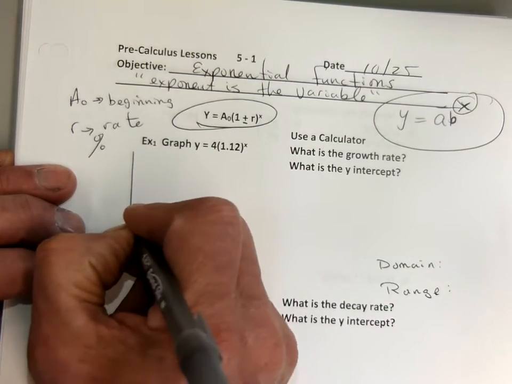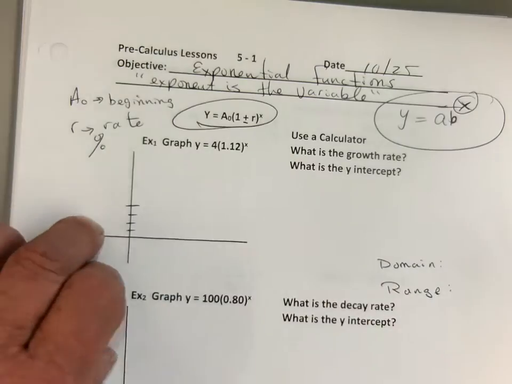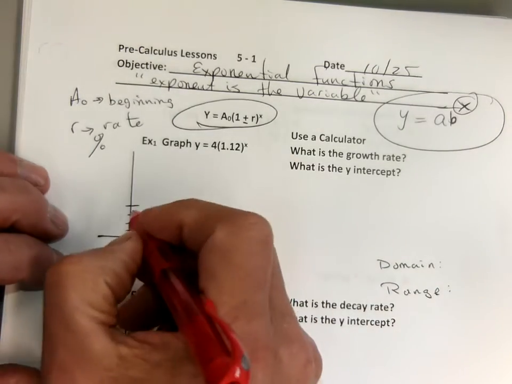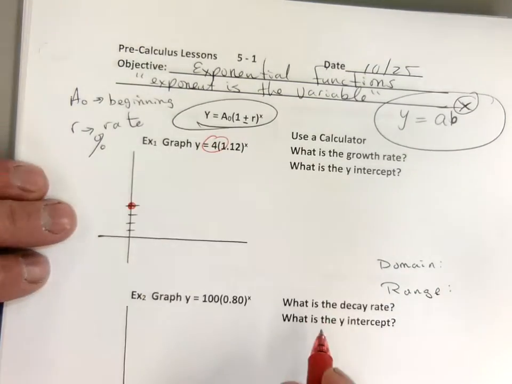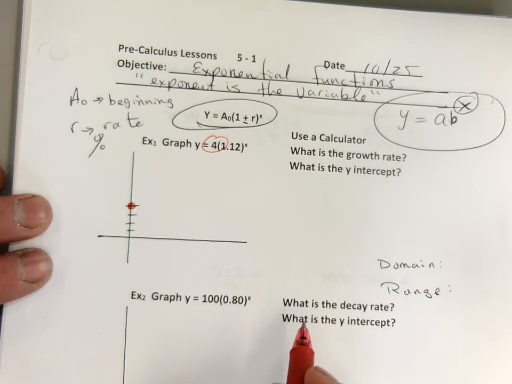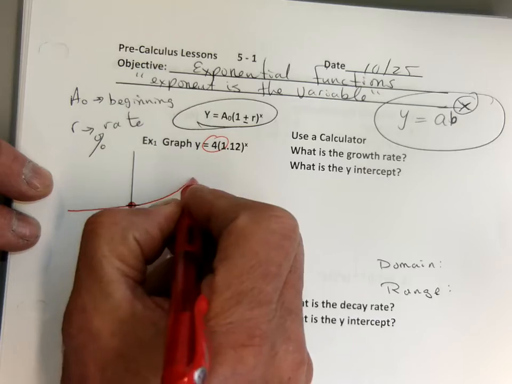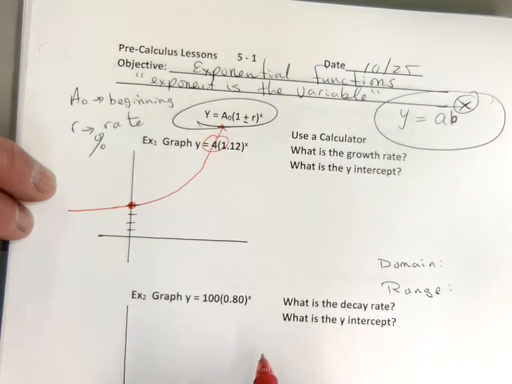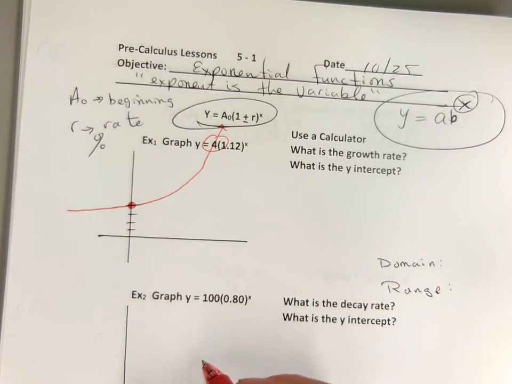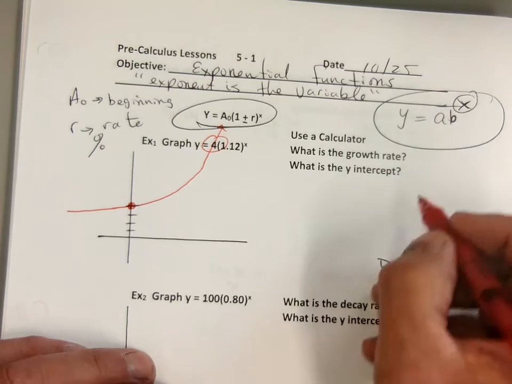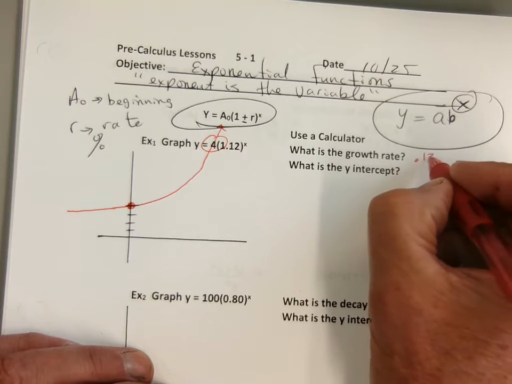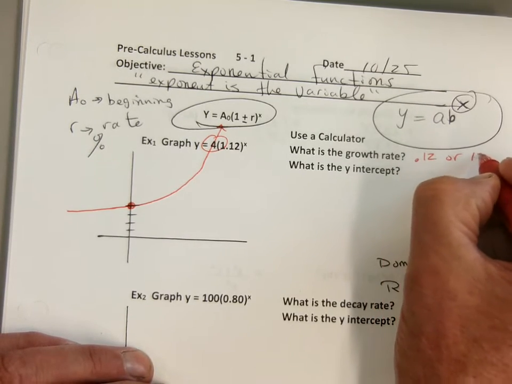1, 2, 3, 4. And our graphs do not have to be perfect. I always want to have my y-intercept. And then the shape of the graph is like a J, and it increases steadily, okay? What's the growth rate? Well, the growth rate is 0.12 or 12%.